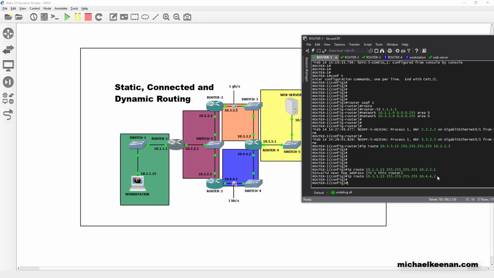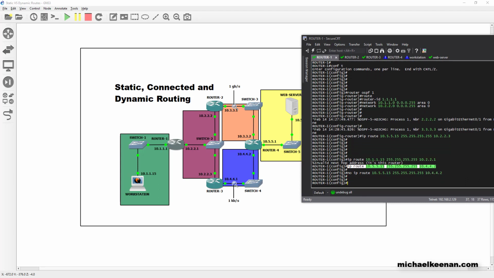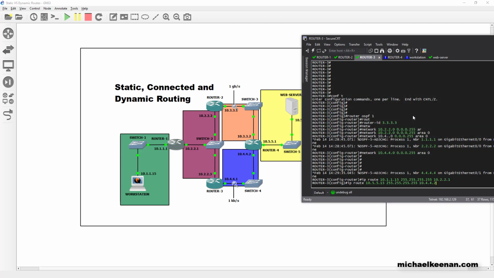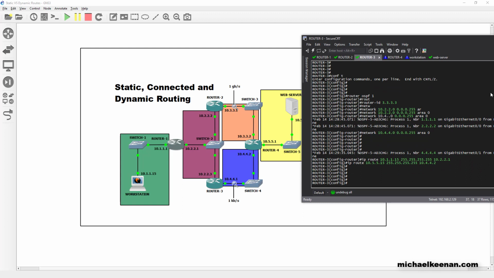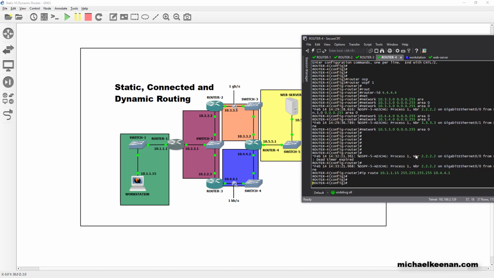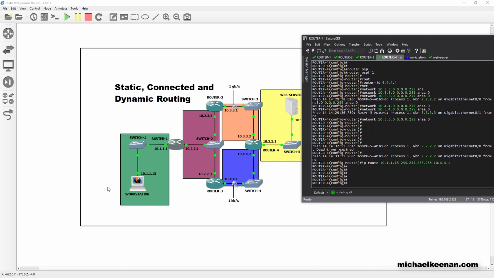Oops, wrong one. I'm going to go to router 3. And let's go to router 4 and tell him how to get back. And now let's look and see.